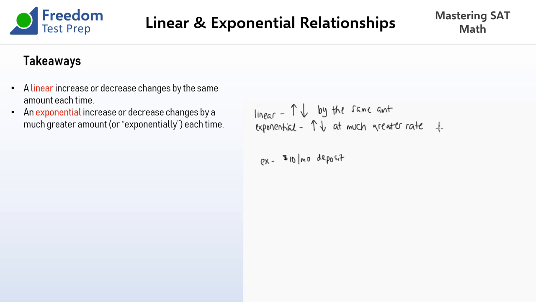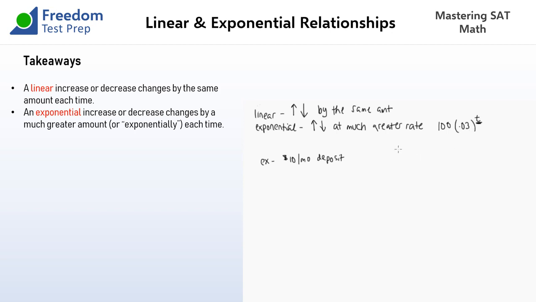You put $100 into a bank account and you get a certain rate of interest. Let's say it's 3% interest per year. So let's say T is years. That T is typically years in these situations. So whenever you see an exponent, that means it's going to be an exponential relationship.